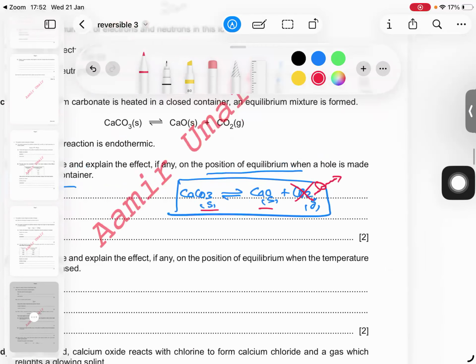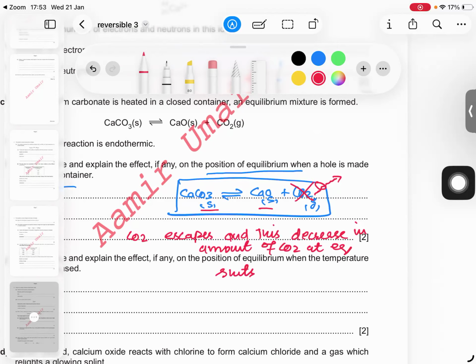Carbon dioxide escapes and this decreases the concentration of carbon dioxide at equilibrium, a decrease in the amount of carbon dioxide at equilibrium.